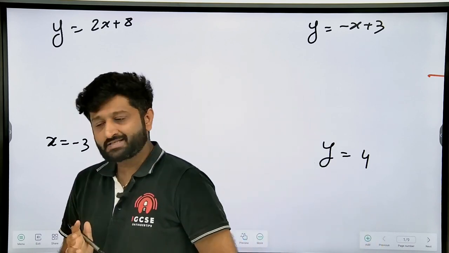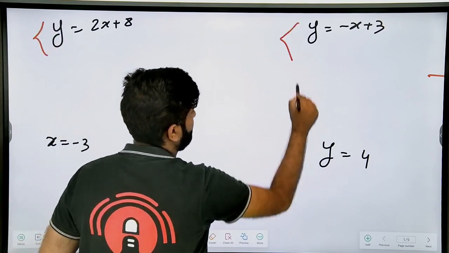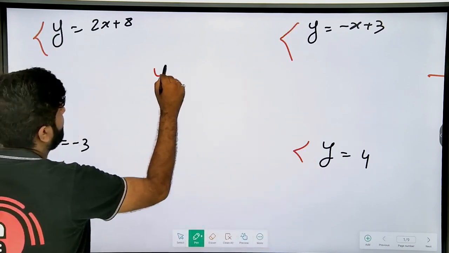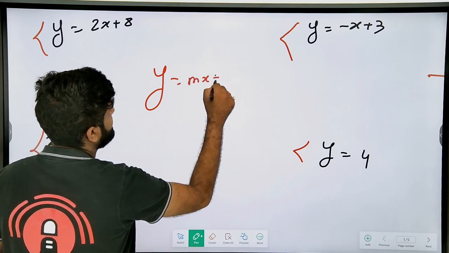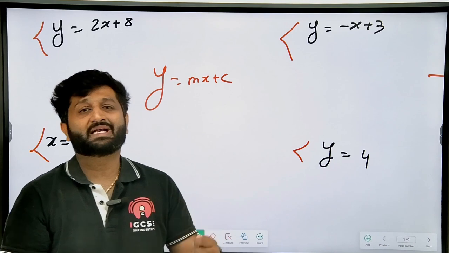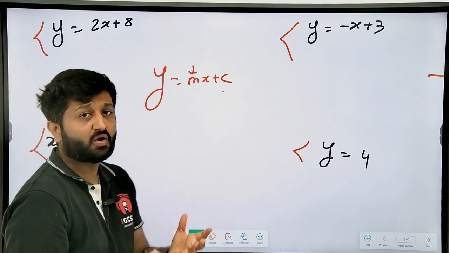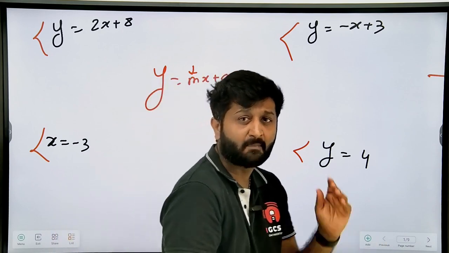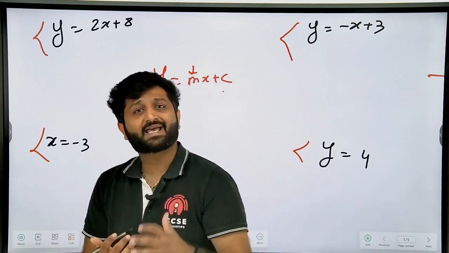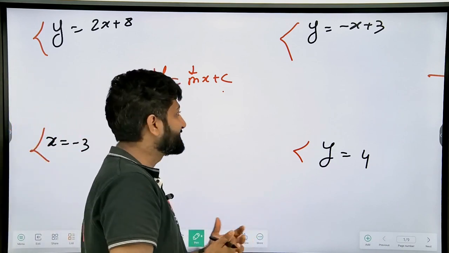Now guys, you have to remember that if you're getting your graphs in this format, which is y equals mx plus c, right, then these graphs are going to be your straight line graphs, where m is your gradient and c is your y-intercept. Y-intercept meaning the point where the graph crosses the y-axis, right?